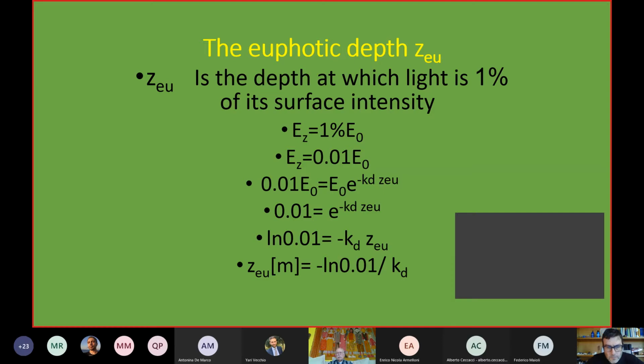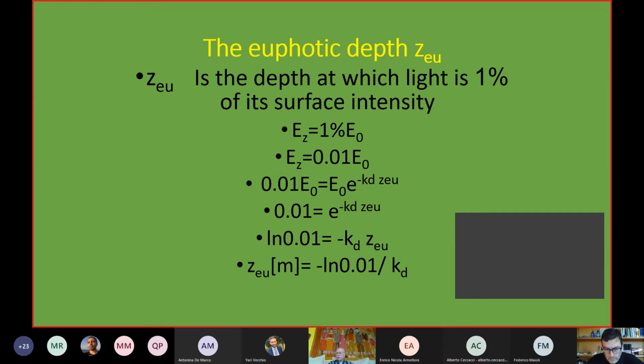It's important to say that in the most transparent and oligotrophic water body in the world, that I believe is Crater Lake in Oregon, the 1% is at about 400 meters.